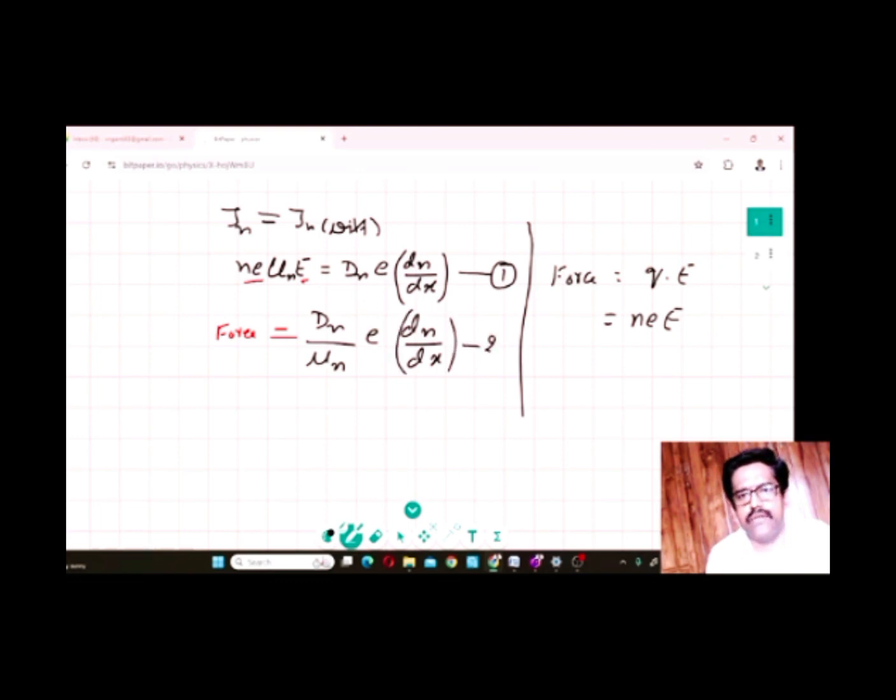That is equation number 2, where Dn is the diffusion coefficient of the n-type semiconductor and mu n is the mobility of the n-type semiconductor. This is the force at the equilibrium position.